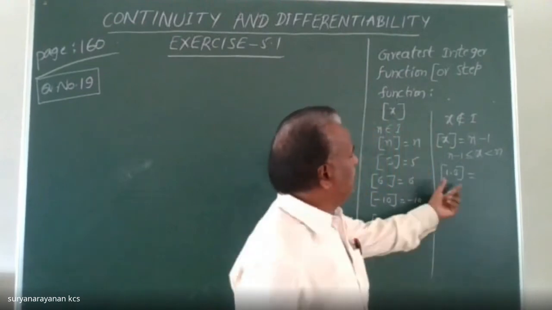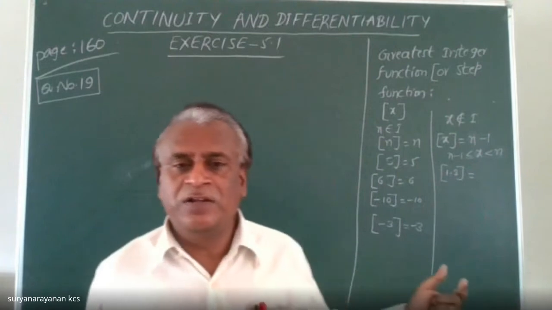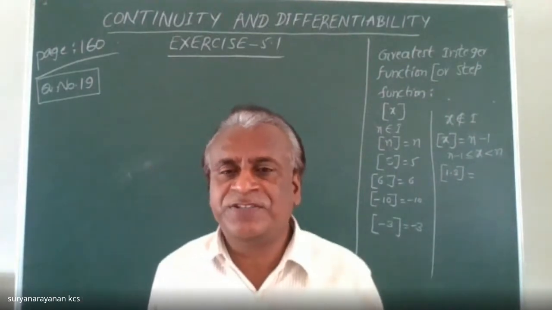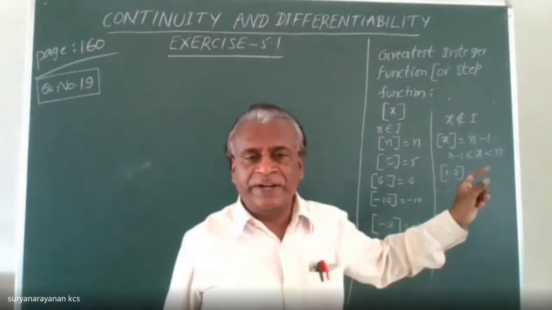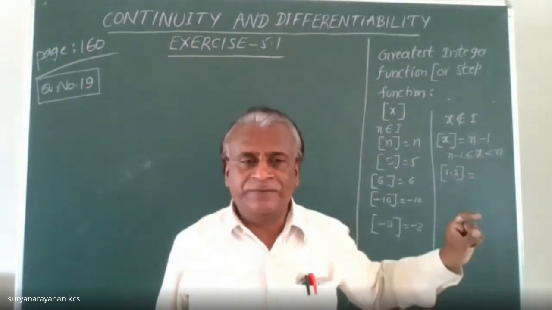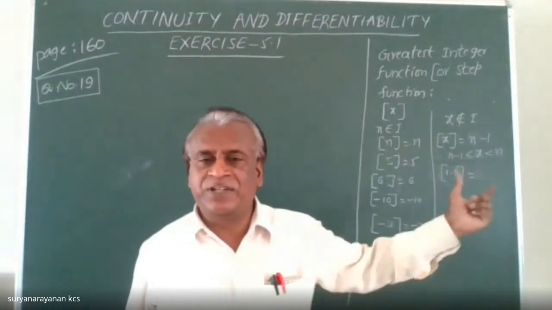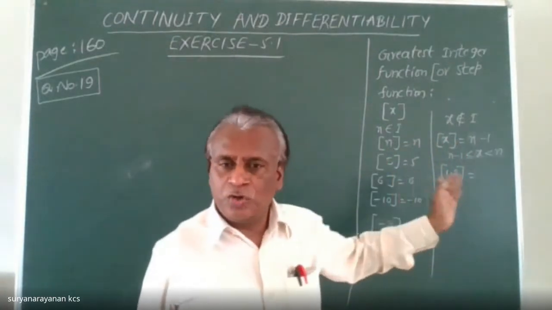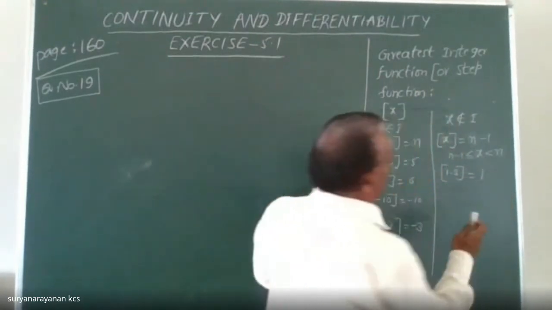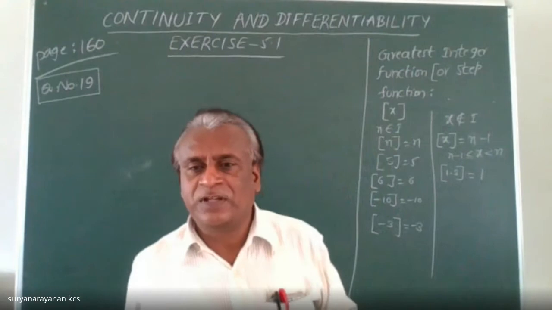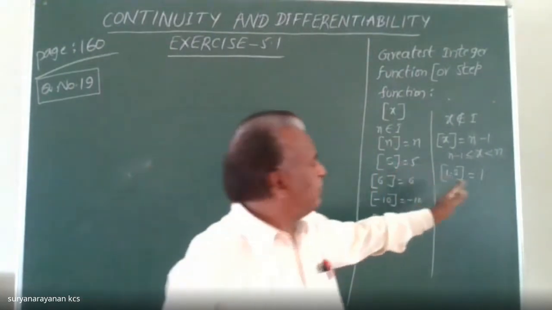Step 1.3. 1.3 is not an integer. It is a rational number. In this case, we have to identify on the number line between which numbers this number lies. Between 1 and 2. So we take the nearest integer to the left of this number.